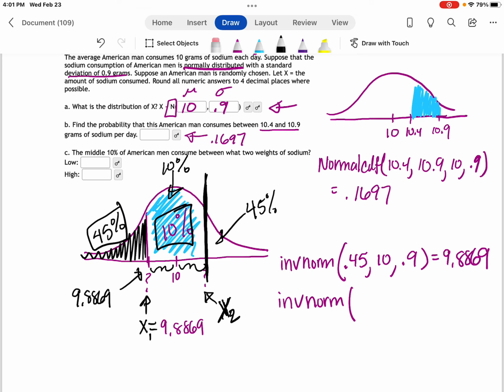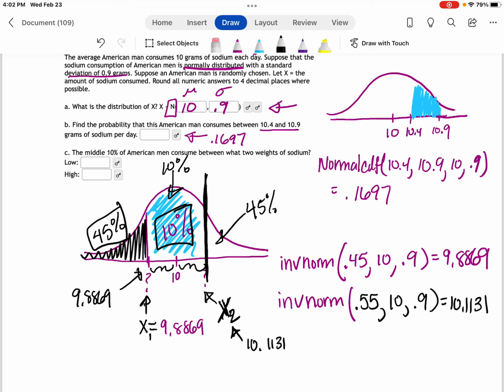So everything to the left is 0.55. So I'm going to put in 0.55 for my percentile. Then I still put in 10 and 0.9 for my mean and standard deviation. When I do that, I get 10.1131. So X2 is 10.1131.